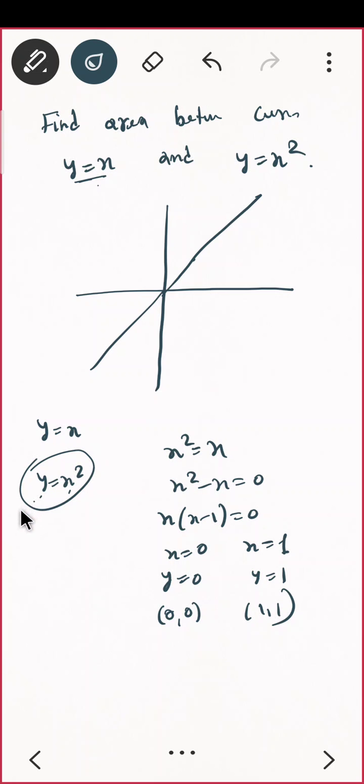Do not try to see your notes, try to think and tell me. See, that is easy. You should answer this. Y equal to x square, that will be definitely upper side. That is, y is always positive, no?